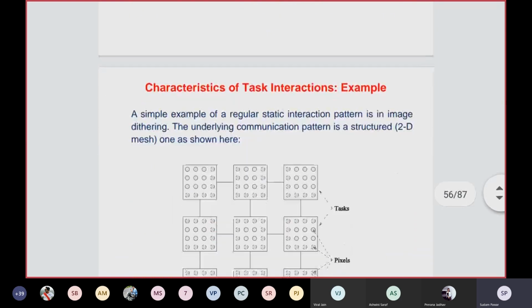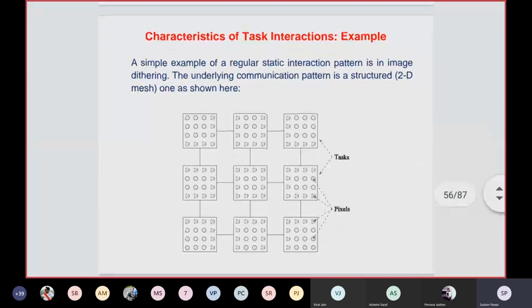There are characteristics of task interactions, that is the regular static interaction pattern, the fixed pattern. A simple example of the regular static interaction pattern is image dithering, and the underlying communication pattern is a structured 2D mesh as shown here. In case of the regular interaction, the communication pattern is fixed, and it is following a particular topology, which is not present in an irregular pattern.